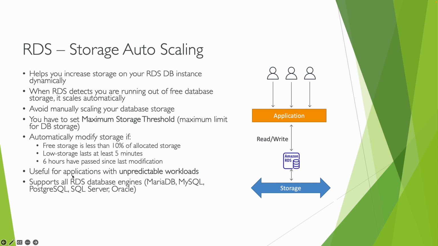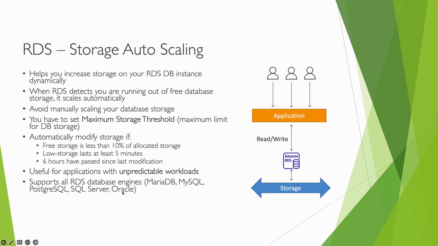This is useful for applications with unpredictable workloads. Whenever we have an application where we don't know how much GB of data we'll get, so we cannot predict the data workload, then we can use RDS and it will be useful there. And it supports all the database engines, including MariaDB, MySQL, PostgreSQL, SQL Server, and Oracle.